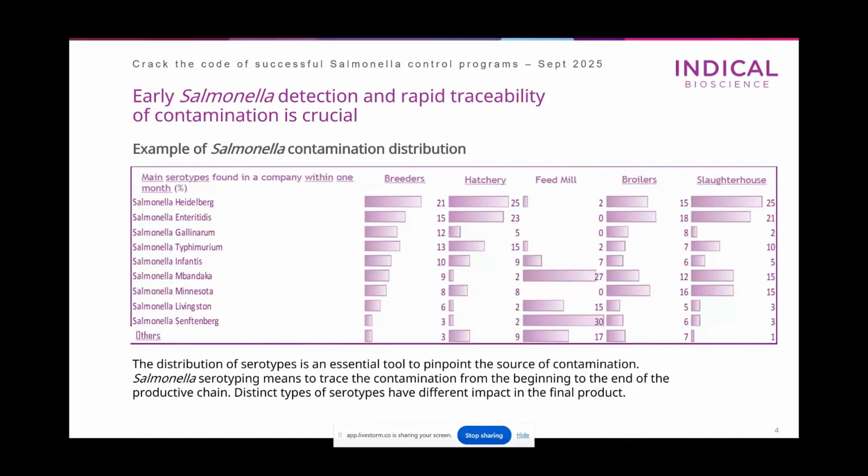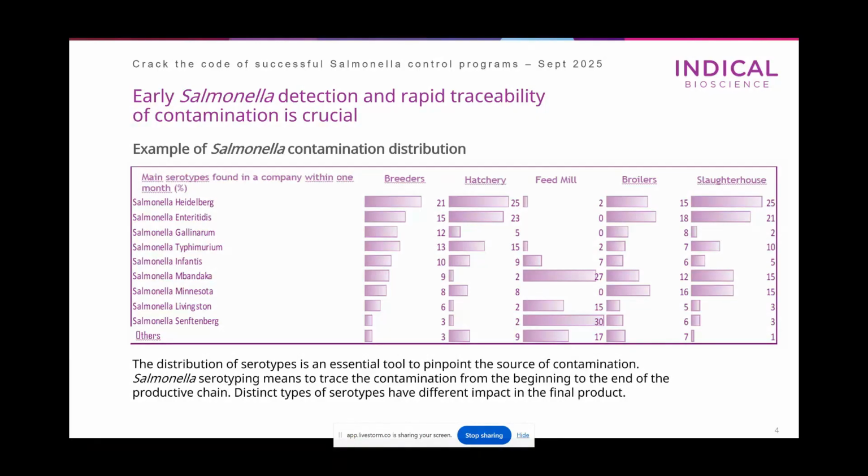For instance, here is an example of a real poultry company which found out that, for instance, M. Vandaca and September in this case were always coming from the feed mill. So if a particular serotype is found in poultry feed, it may indicate that the problem is in the feed supply rather than at the processing facility.